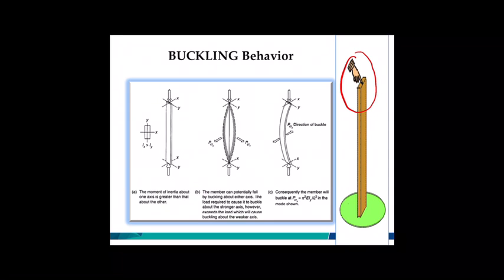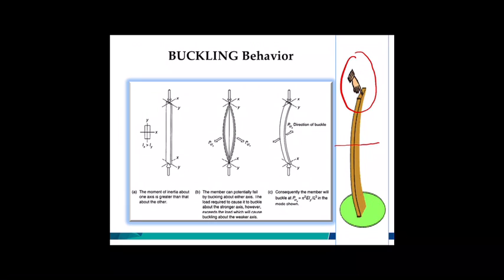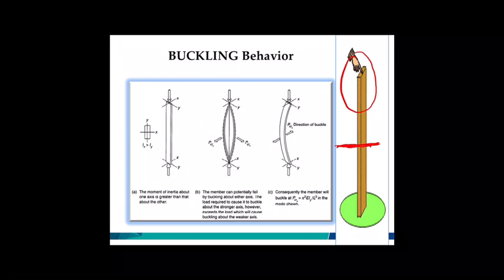To avoid a bending of the column, sometimes we will put a brace in the middle of this column so that it will sustain more loads and it will not buckle when you apply the excessive load. And besides, the brace here also has a function to cater lateral forces.